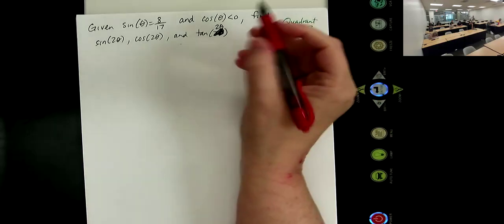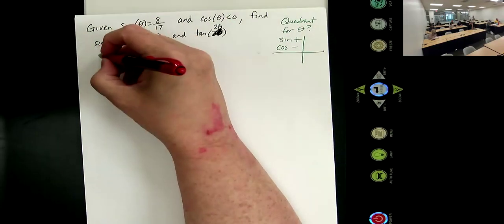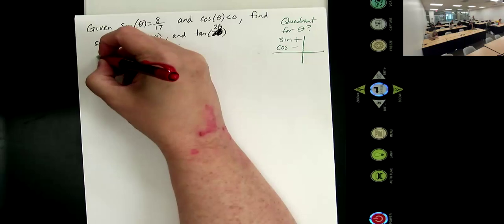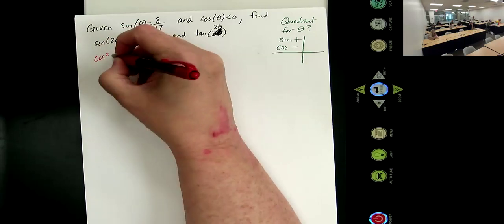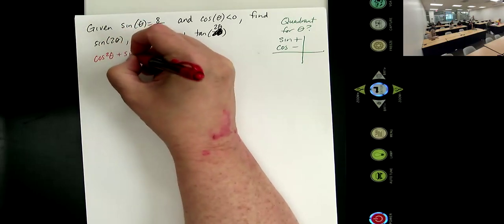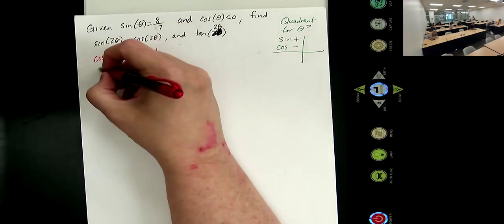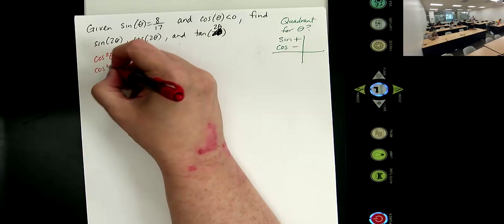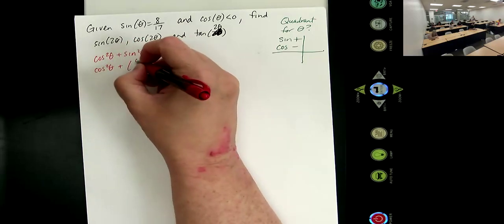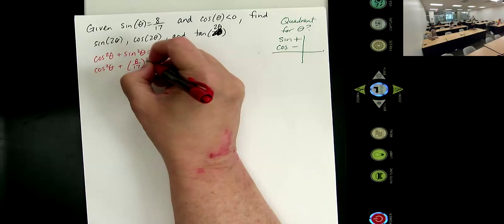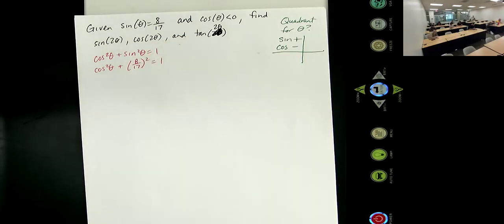We can either make the triangle or, you know what, let's get some practice in using the cosine squared theta plus sine squared theta instead of making the triangle. This will be cosine squared theta plus (8/17) squared equals 1.